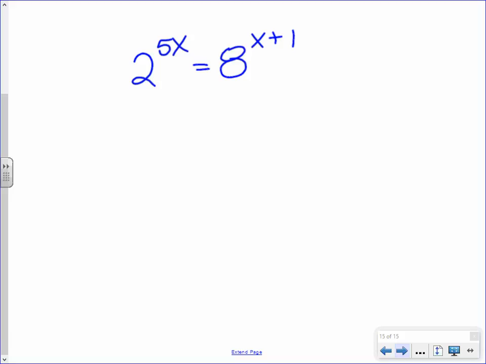Okay, there is something called the one-to-one property in exponents, where if a to the x equals a to the y, what do we know about x and y?